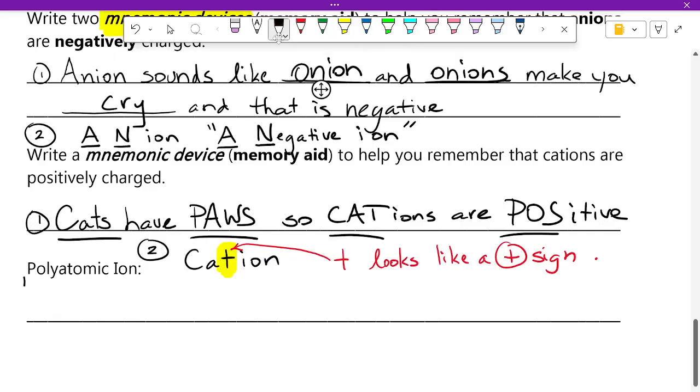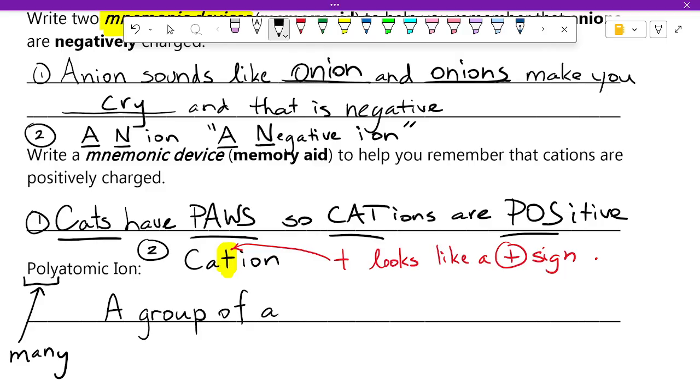What does poly mean? Poly means many. So a polyatomic ion is a group of atoms. In other words, many atoms. So that takes care of the polyatomic part.